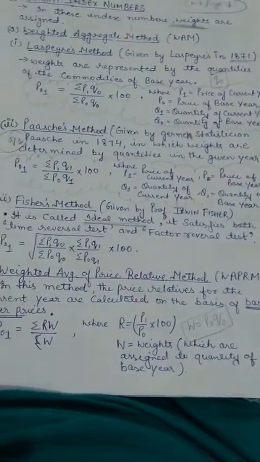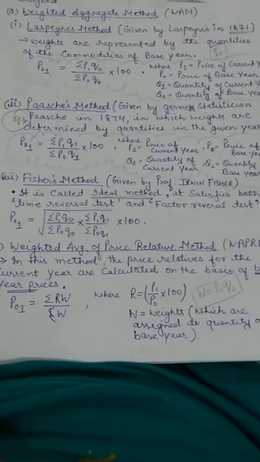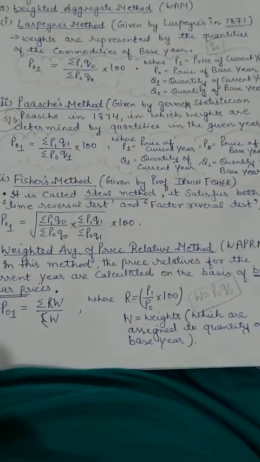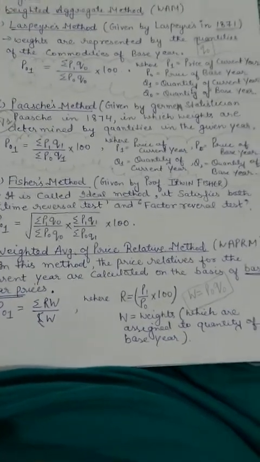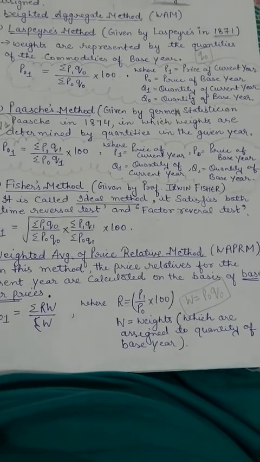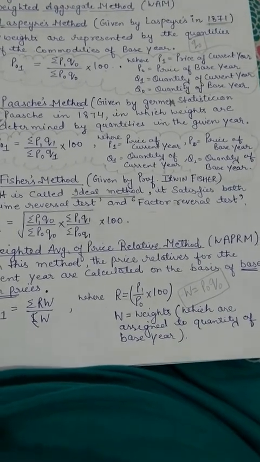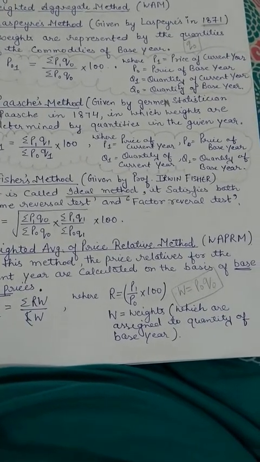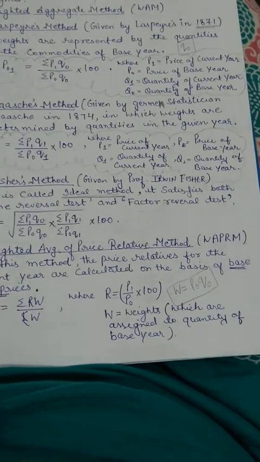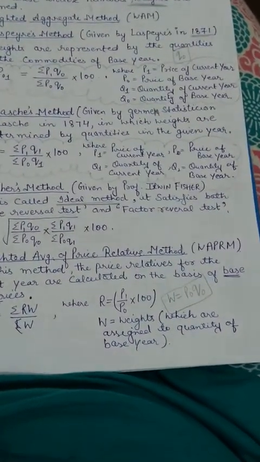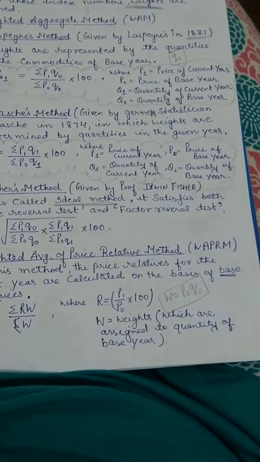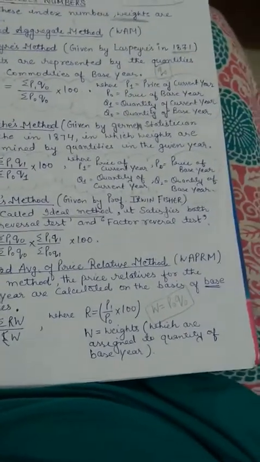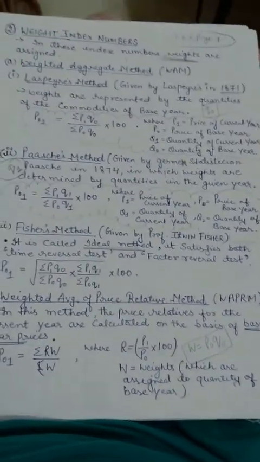W is equal to P0 into Q0, the product of P0 and Q0. Hope you have understood the three formulas for calculation of weighted index numbers. So this was what we had to discuss, and you have to make a note by watching the video carefully.